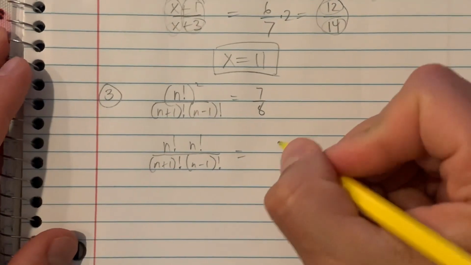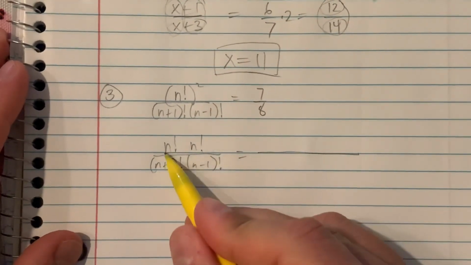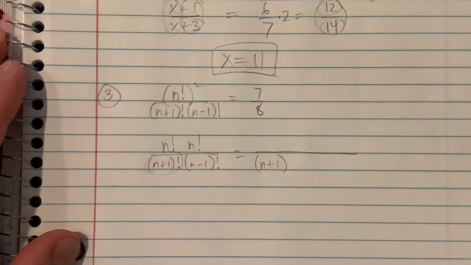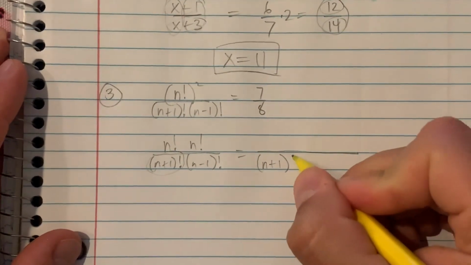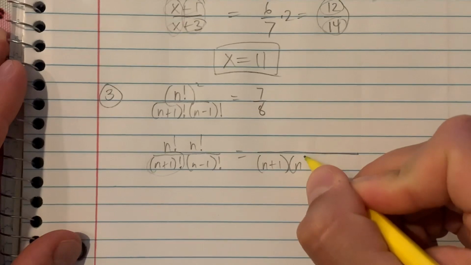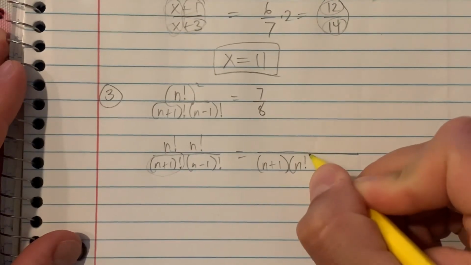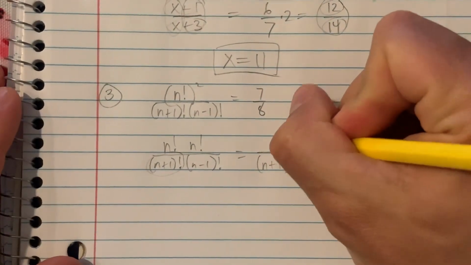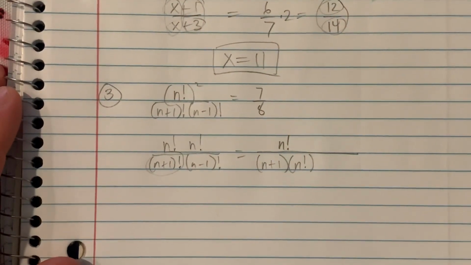I notice that on the bottom, I have n plus 1 factorial, which is just going to be n plus 1 times n minus 1 times n minus 2 all the way down to 1. All right? On the top, for my first one, I have n factorial.